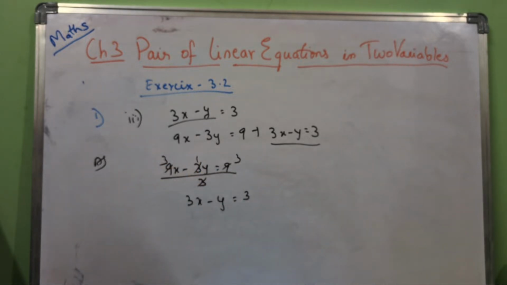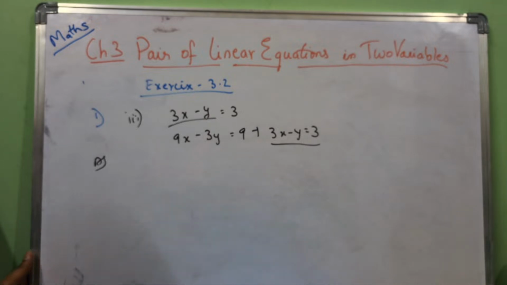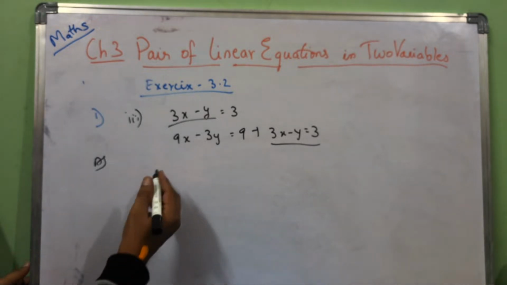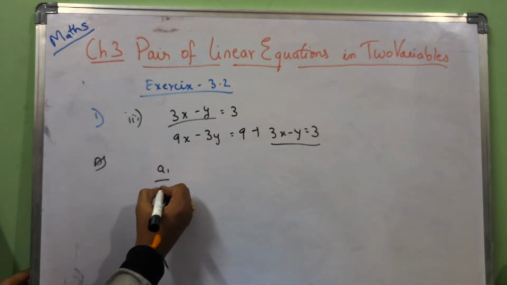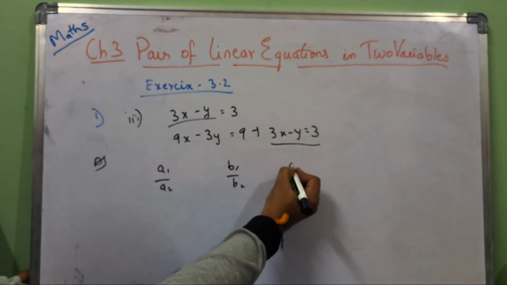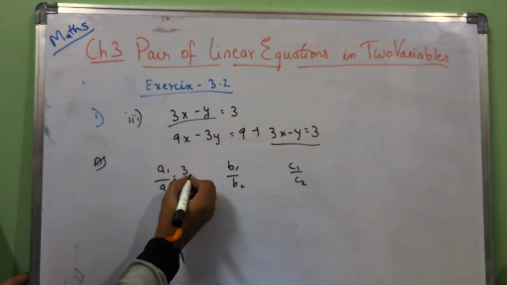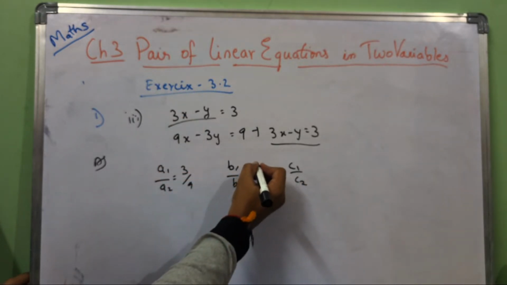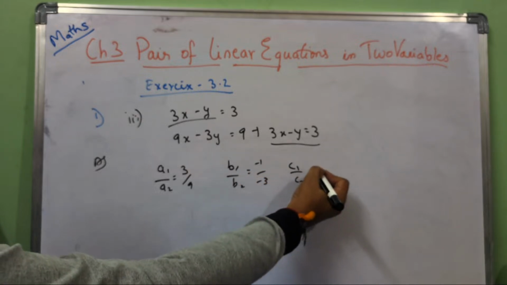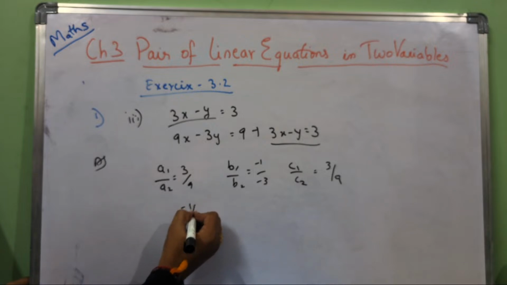So what is the second equation they have provided? It's a constant multiple of the first. That's why I always say to first figure out our condition, which is a1 by a2, b1 by b2 and c1 by c2. What is a1 by a2 here? 3 by 9. b1 by b2 is minus 1 by minus 3. c1 by c2 is 3 by 9. 3 by 9 can be simplified to 1 by 3.